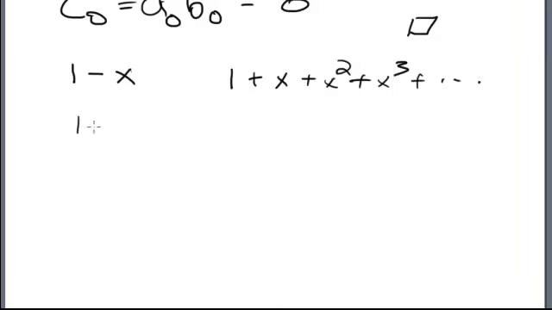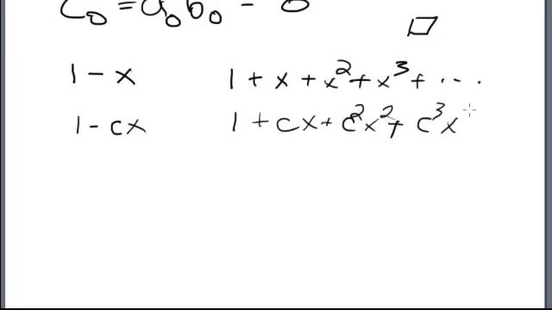We also computed, or guessed, the generating function of the multiplicative inverse of the sequence whose generating function is this, and we found that it is 1 plus cx plus c squared x squared plus c cubed x cubed plus and so on.